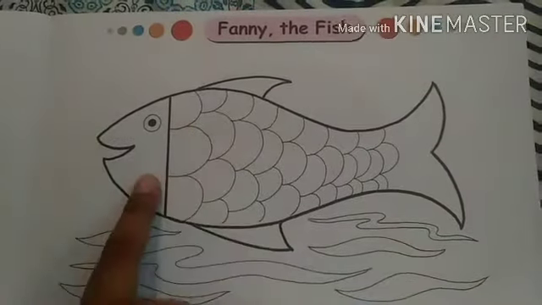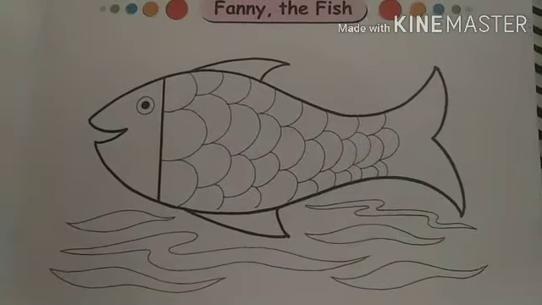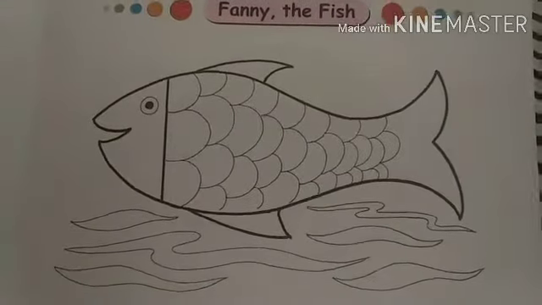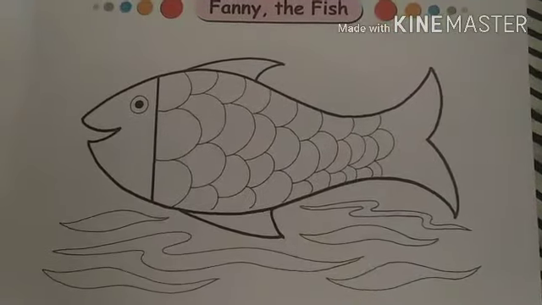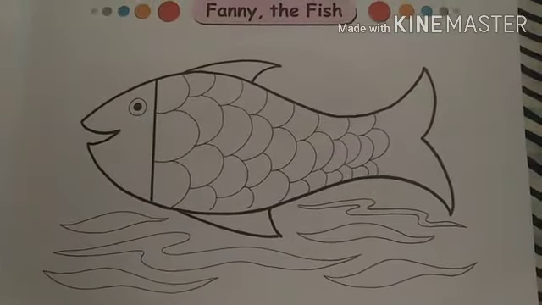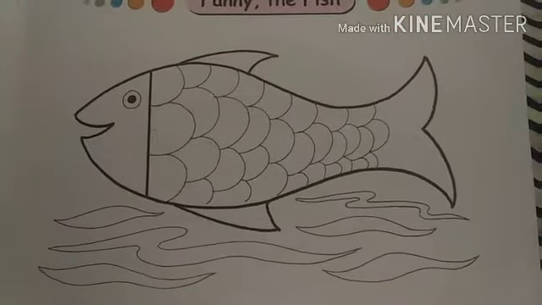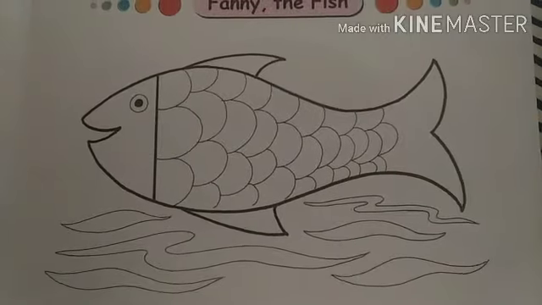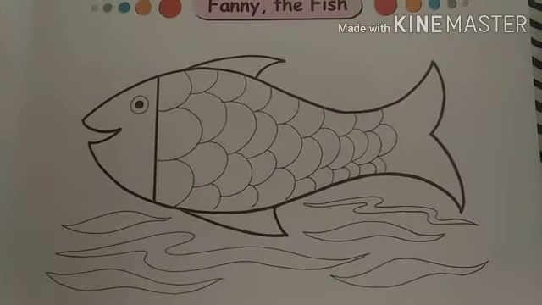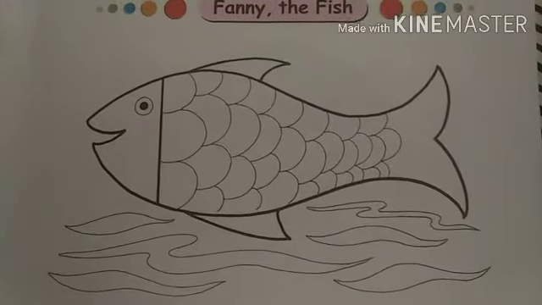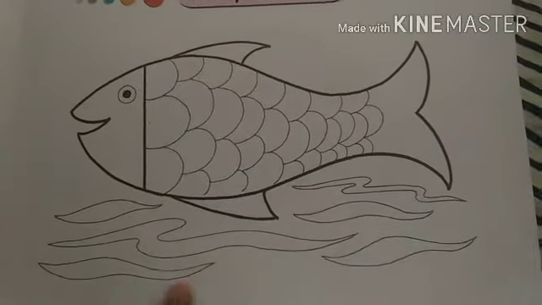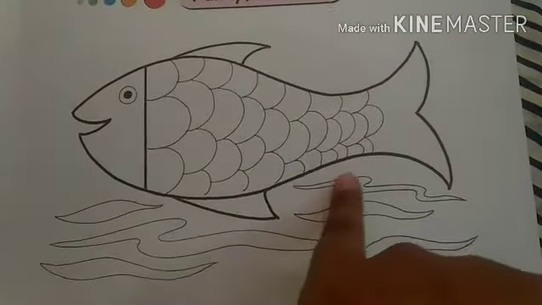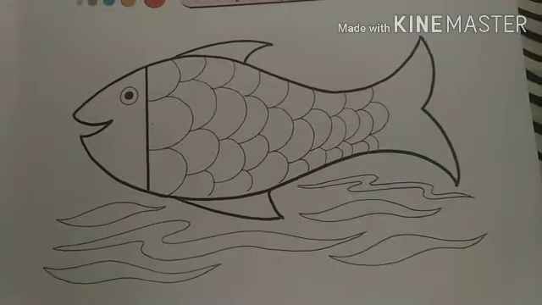Can you see a nose here? No, a fish does not have any nose, but fish breathe through gills. And fish can breathe very well in water with the help of gills. And these are the waves of the water.